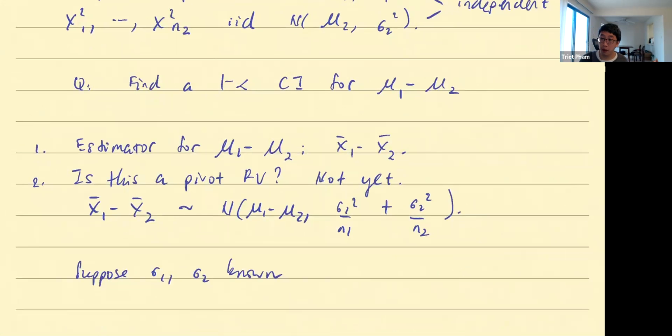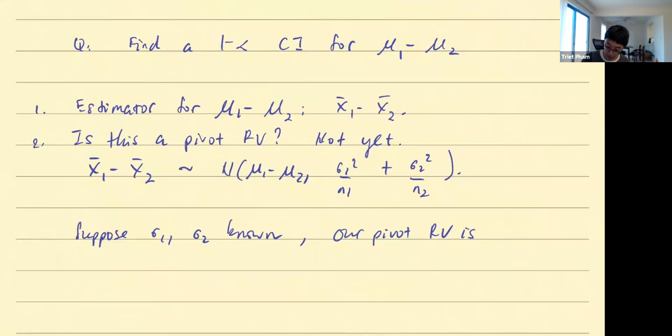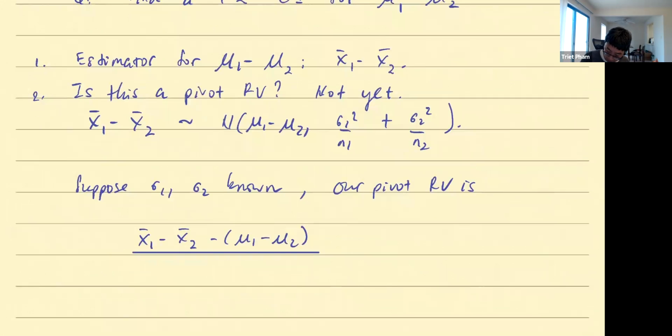Then what will be our pivot random variable? How would we normalize this?